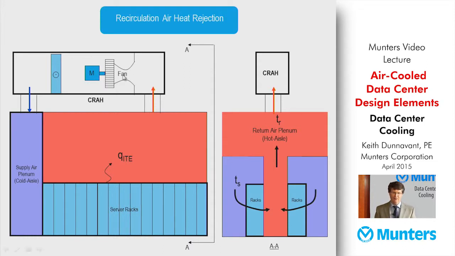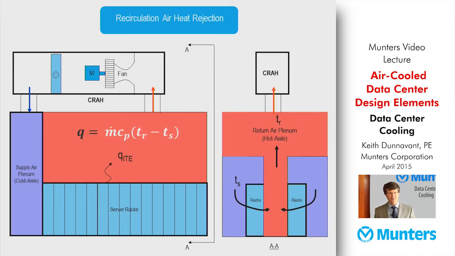We've got a unit shown on the roof that is pulling heat from the contained hot aisle and recirculating back into a supply plenum, flowing through the servers, picking up the heat, and here's your symbol for the heat of the IT equipment that's being introduced.